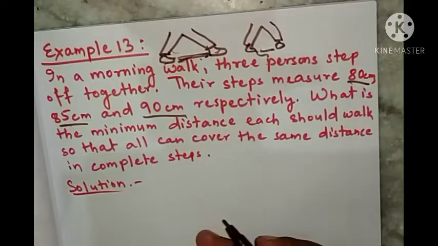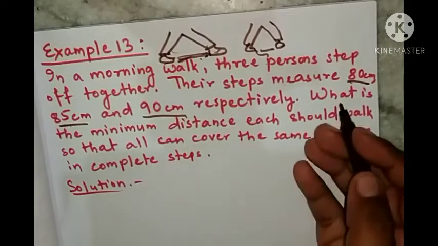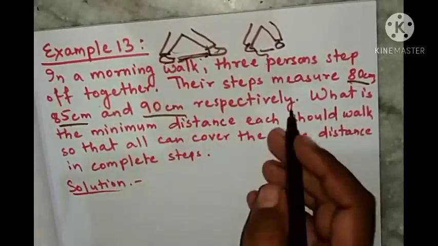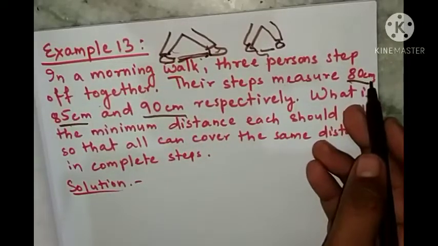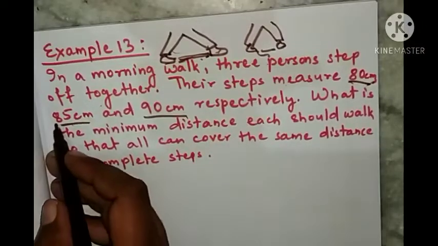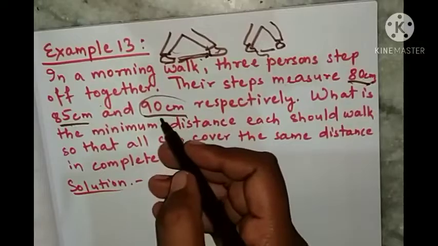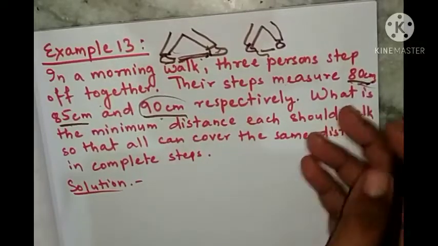Okay. They started at the same time, at the same place, but the steps are different. Like one is 80 centimeter, one is 85 centimeter, one is 90 centimeter. Means this person is taller, this person is a little bit shorter.